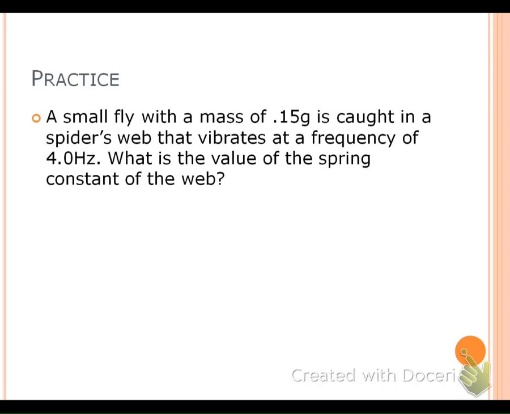This is going to require us to use one of our new equations for frequency. Okay, so this says a fly with a mass of 0.15 grams is caught in a spider's web that vibrates at a frequency of 4 hertz. What's the value of the spring constant of the web?